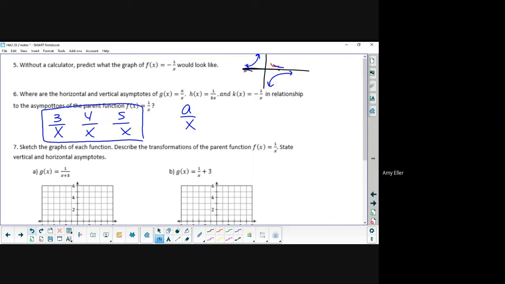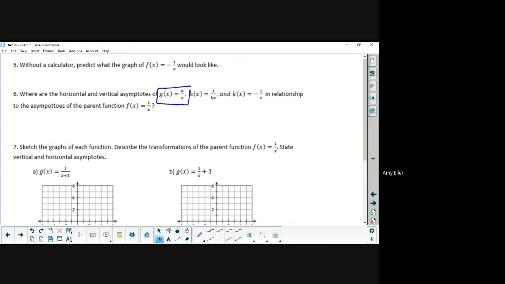If I stretch it by 3 or stretch it by 4, the asymptote doesn't move. The graph stretches quicker. Do these have the same asymptote as the parent function? Yes. So when they ask you about this one, you should write same as parent function. And those were x equals 0, y equals 0.